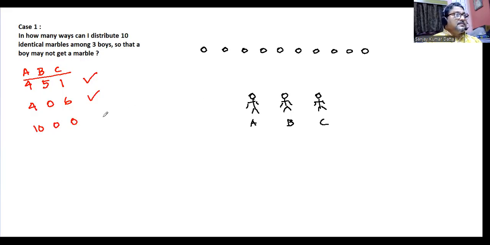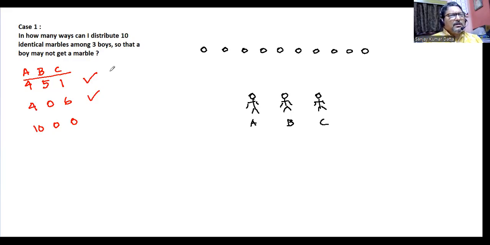The answer is yes. Many of you will argue that it is said a boy. But remember, in English, a boy and one boy are different. One boy means one boy only. A boy means, I mean, it can be two boys also.